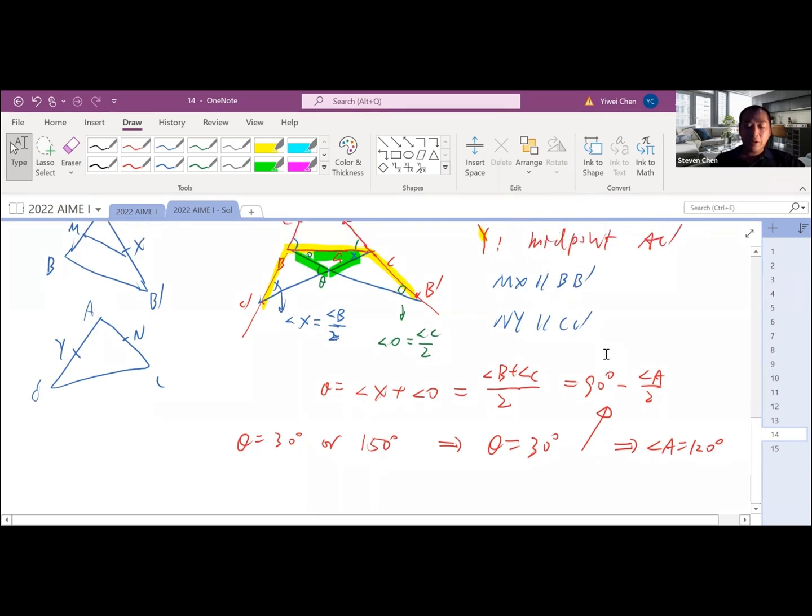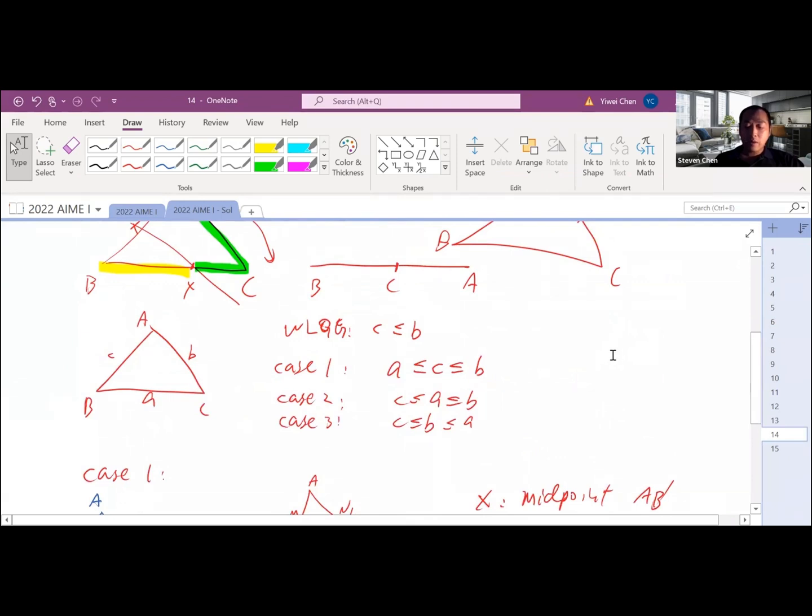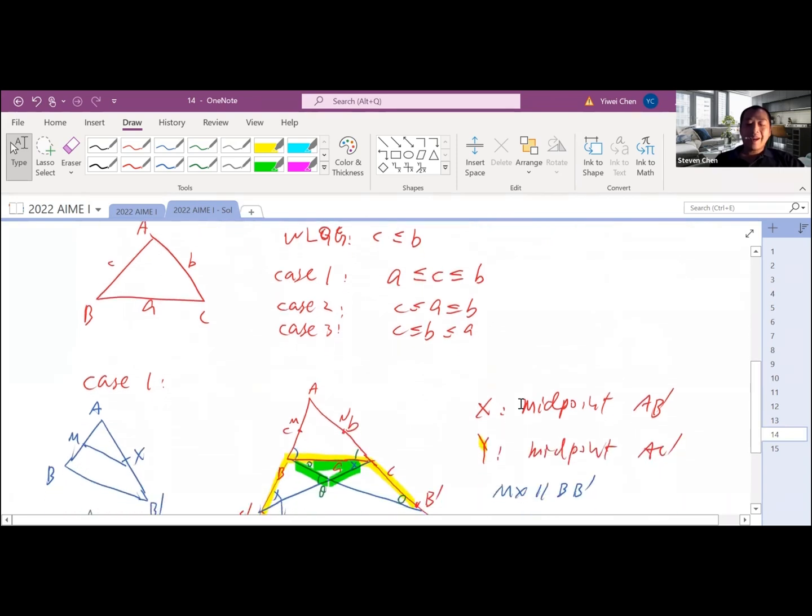But that actually is a contradiction with our condition for the first case. Because recall that in this case, we assume that a is the shortest. But because angle A is 120, that implies small a is the longest. So we get a contradiction. So that implies that this case is infeasible. Okay?